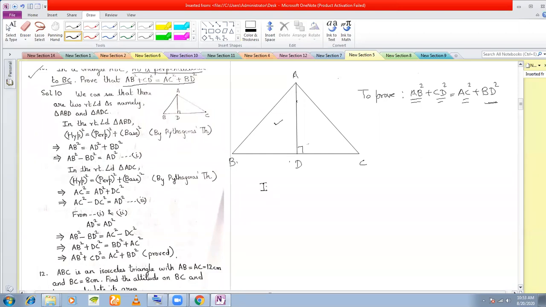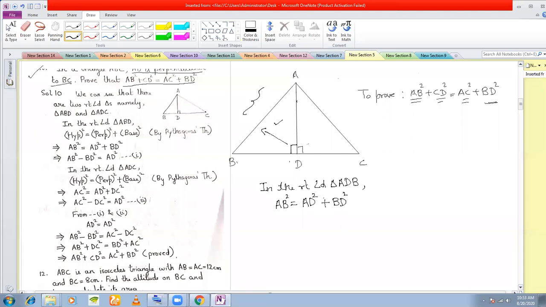So we write in the right angle triangle ADB or ABD, whatever. This is the right angle, so therefore this must be the hypotenuse. So AB square, hypotenuse square, is equal to perpendicular square AD square plus base square, which is BD square.